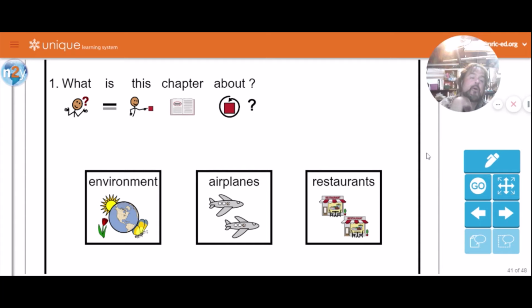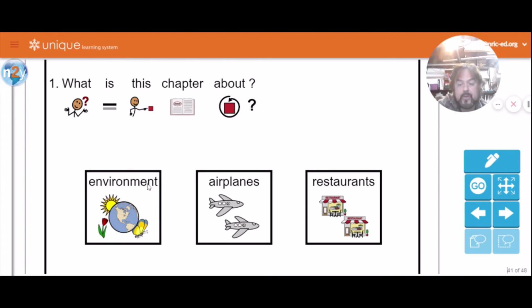Okay, now comes the part of the exercise which is multiple choice. Some people feel it's the best kind of testing because you get to choose your answer from a field. In this case, a field of 1, 2, 3. What is this chapter or story about?